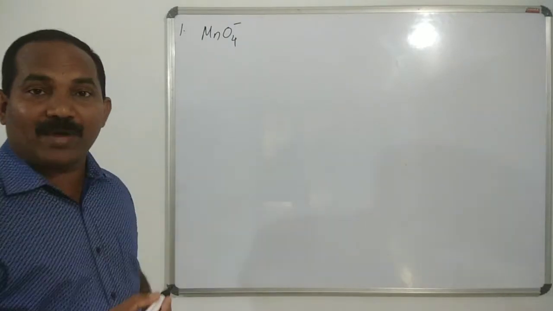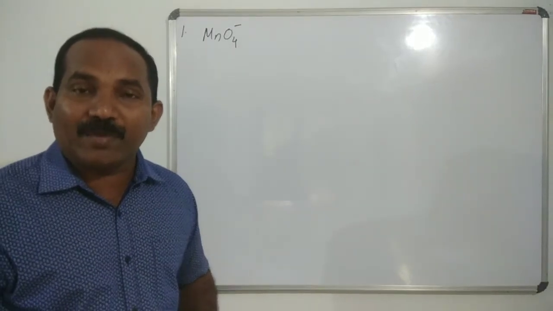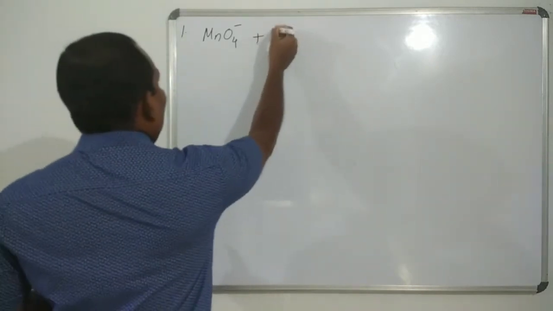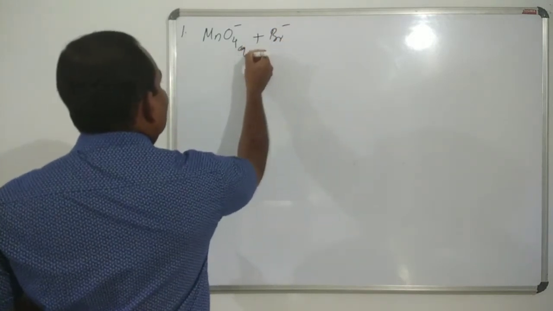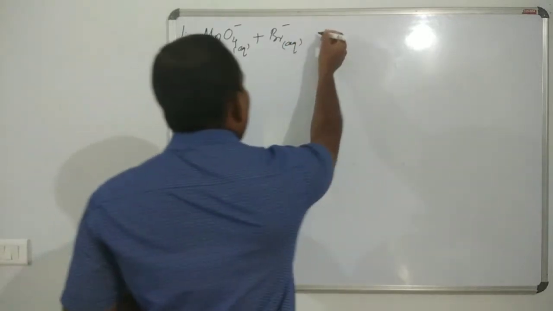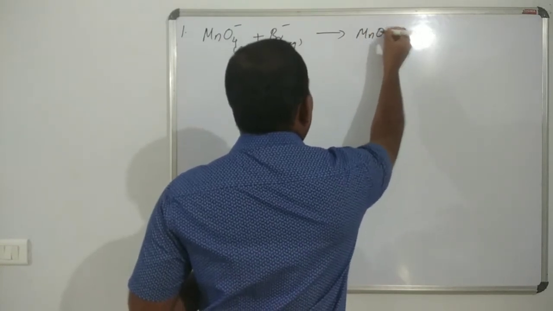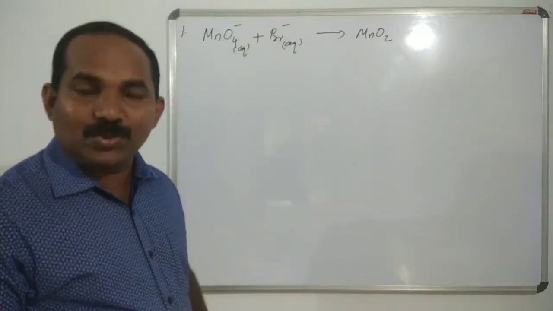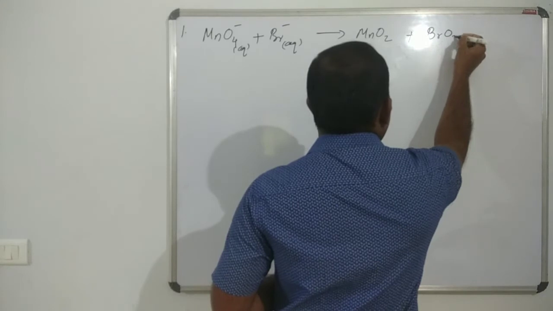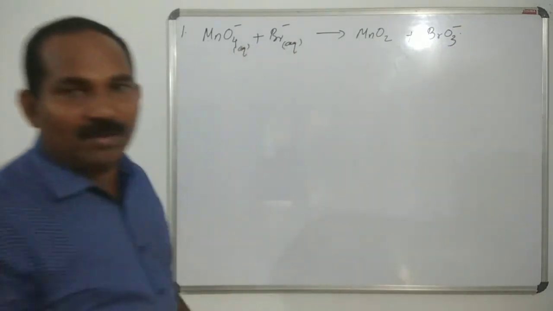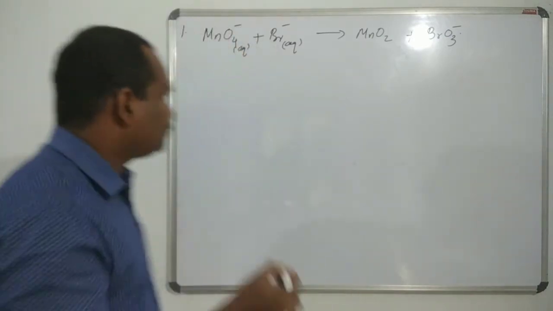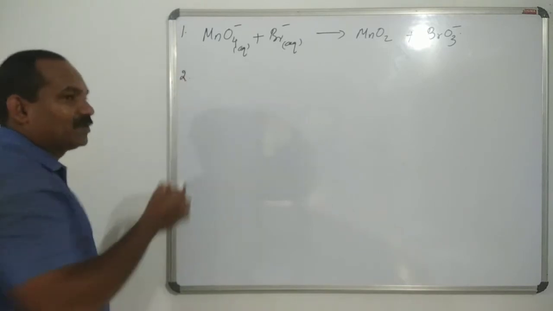Permanganate ion MnO4 minus, plus bromide ion Br minus, these are aqueous, gives MnO2 manganese dioxide and bromate ion BrO3 minus. So the first step is over.